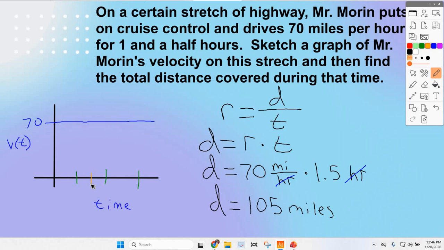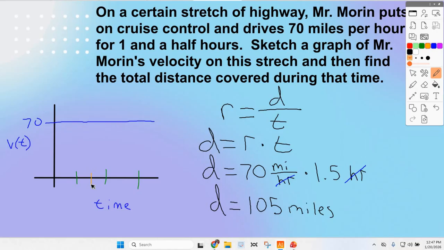Alright. So if I have this graph, how would I represent the 105 miles graphically? The area underneath 70 over to time, over 1.5. Why? Because that would be rate times time.